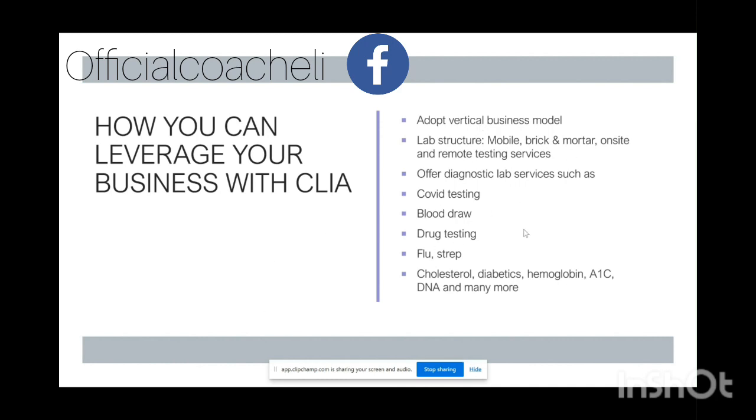So what you have to do is obtain your CLIA, because if you have your CLIA, like I said in the beginning, you would be able to offer more services. The more the better, right? You will be able to have more revenue. You're sort of providing a vertical business model because you're keeping all your revenue in-house instead of paying somebody for testing or things that you can do in your business. You would rather keep the money and offer the services.